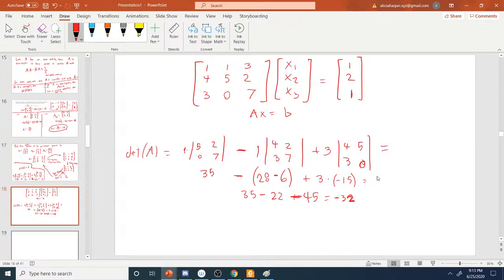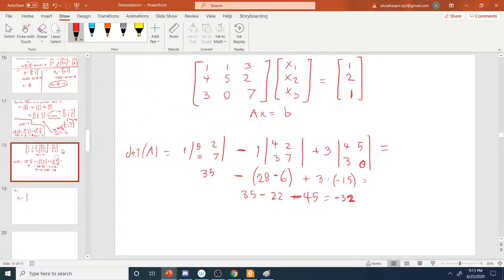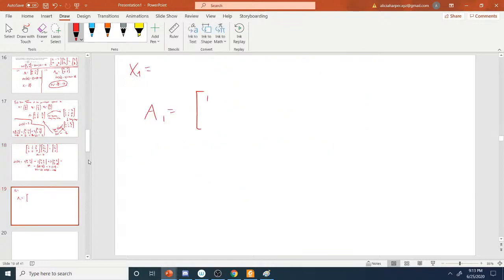Okay, I'm going to trust that I have the right calculation here. Now I'm going on to the remainder of the Cramer's rule calculations, and they take a little bit. First I'm going to solve for x1, and I can do that by writing down the matrix A1, which is the matrix A, except you take the first column and replace it by the vector b. So I'll have 1, 2, 1, 1, 5, 0, and then 3, 2, 7.